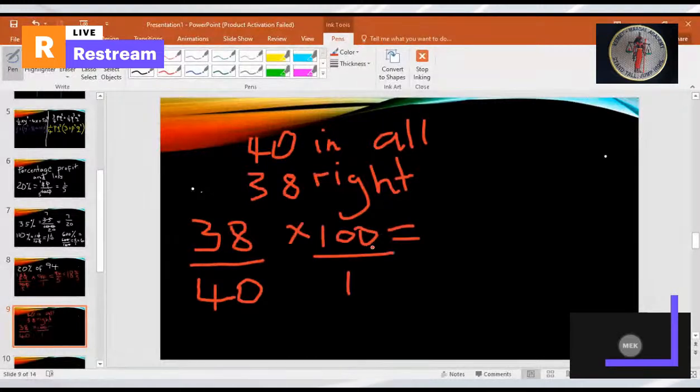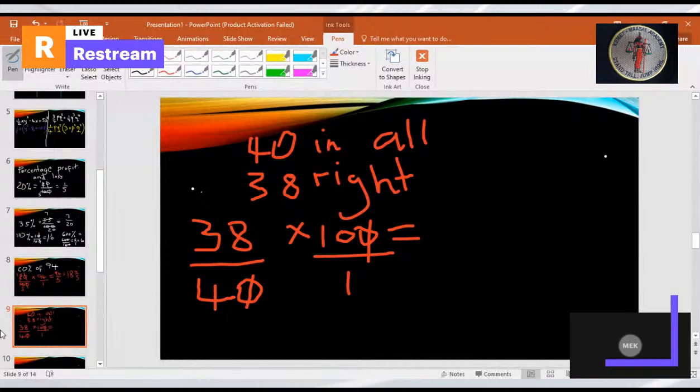Now let's reduce it. So that 0 cancels that. What we're really doing when we're canceling like this, we're dividing by 10. So we're dividing 40 and 100 by 10. So we're left with 4 in the denominator and 10 in the numerator.